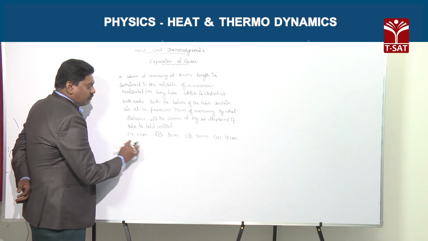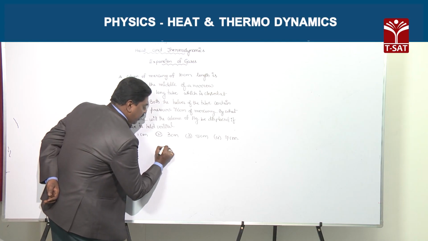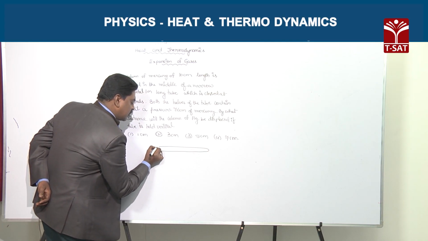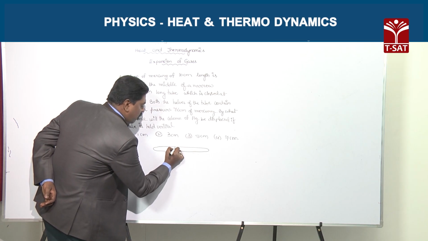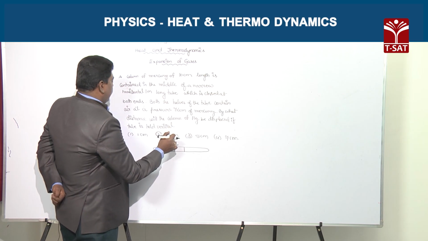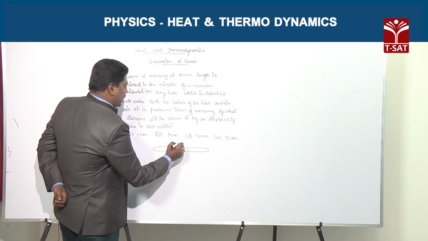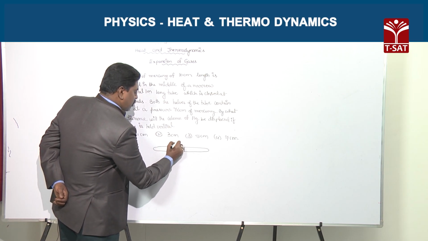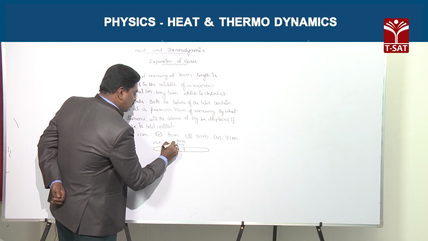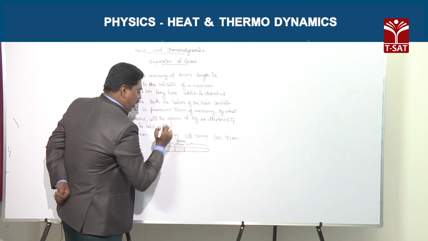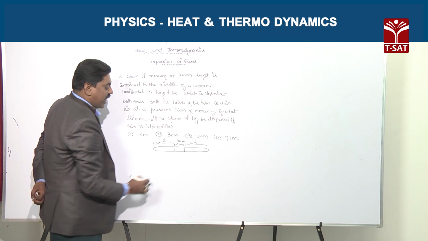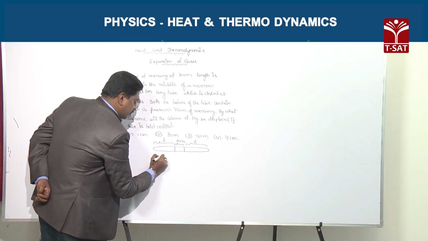Next. Here, first of all, we are given a tube which is closed at both ends, and a mercury column exists exactly in the middle. The length of mercury is given as 10 centimeters and the remaining lengths are given as L each. The total length of the tube is given as 100 centimeters.